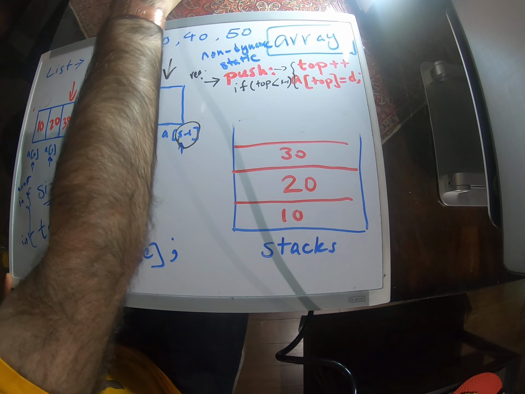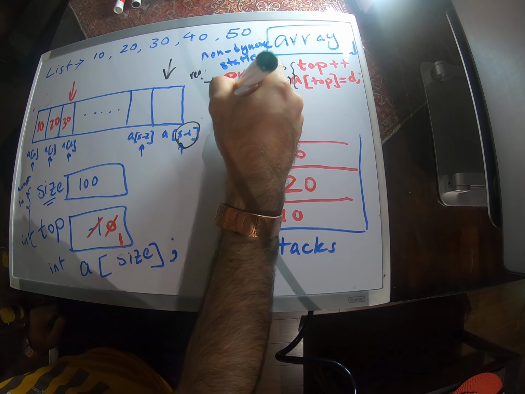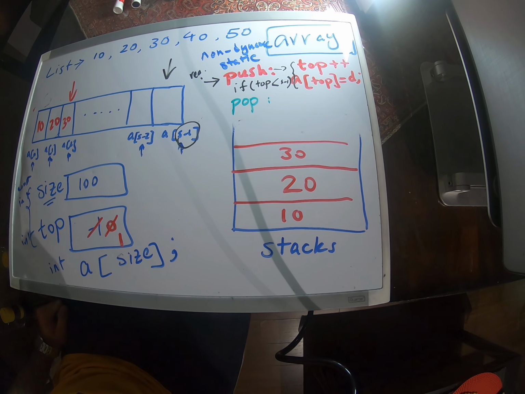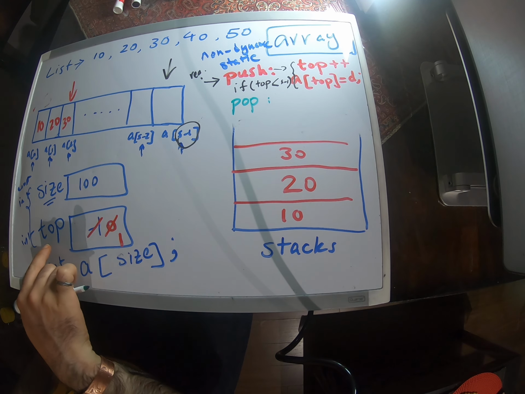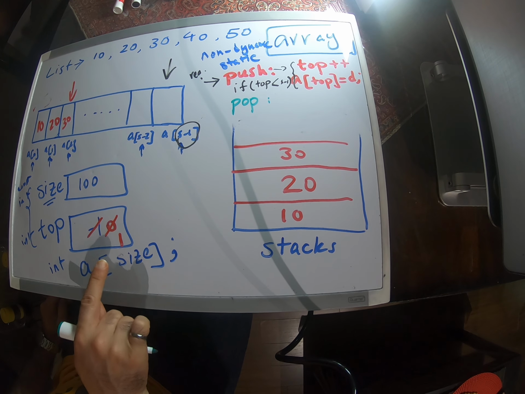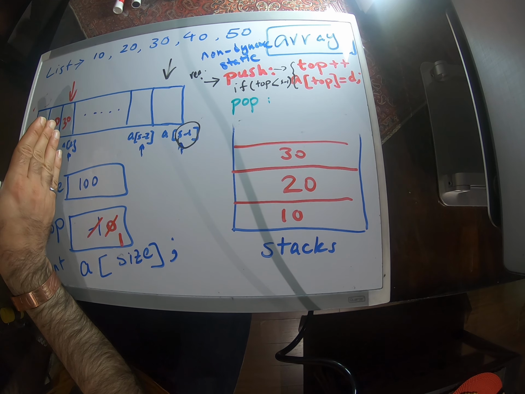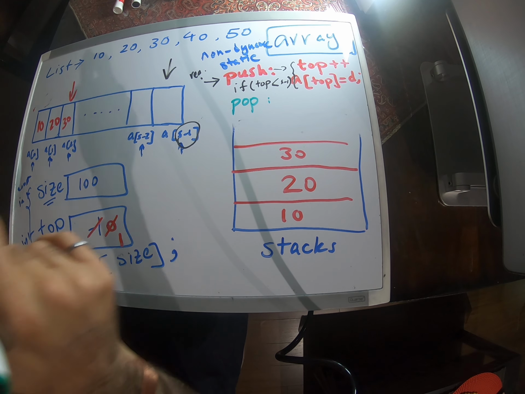Now, the other operation that we want to implement is the pop function. If we want to implement the pop function, we already know what the top index is, and we want to return that element, but at the same time move the top index one to the left.